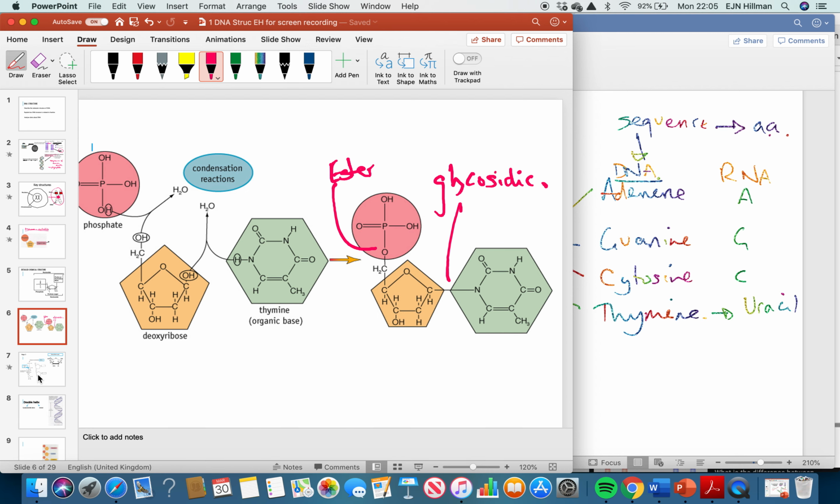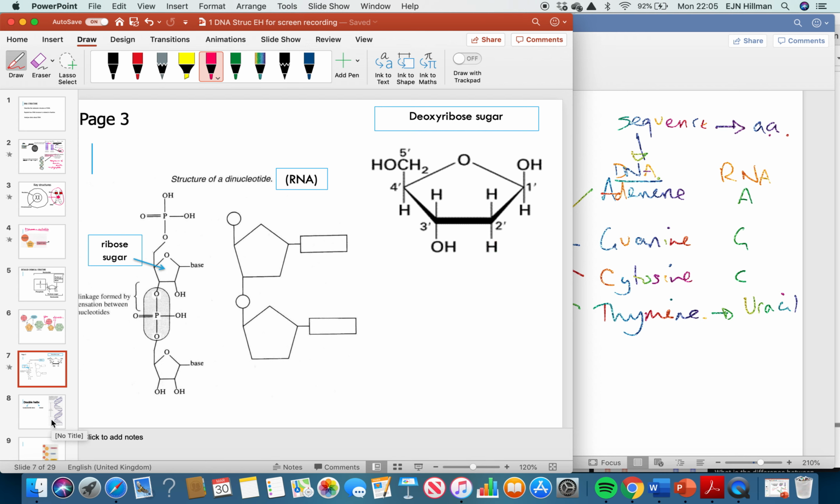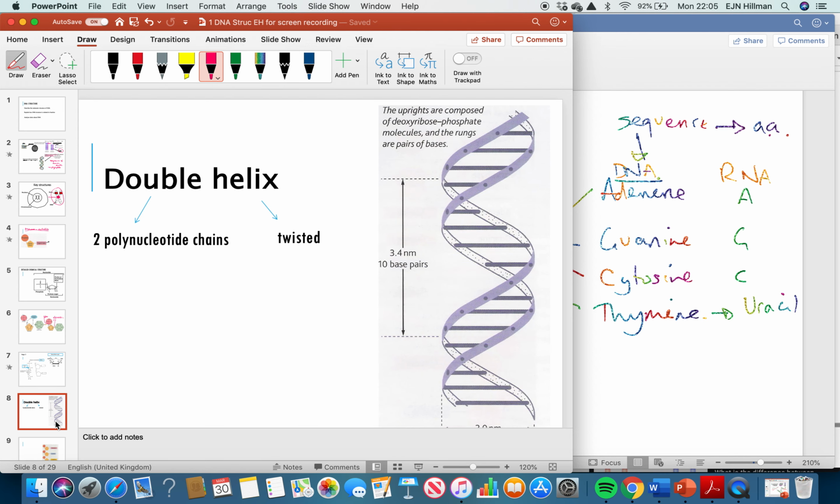But now, mention that. So, DNA exists in this, you've heard this phrase before, a double helix. Double just meaning that there are 2 chains or 2 strands of polynucleotides. Helix meaning it's twisted.